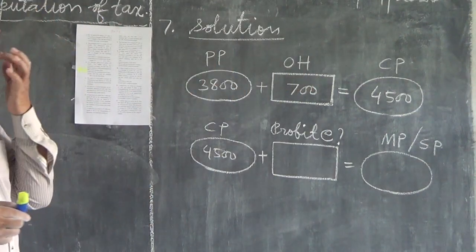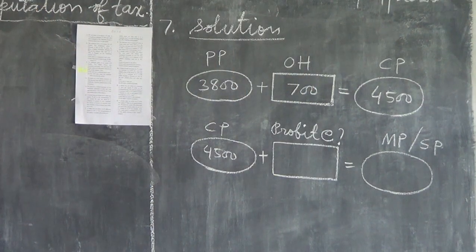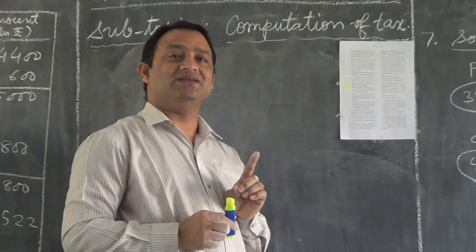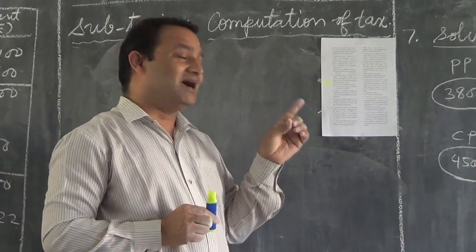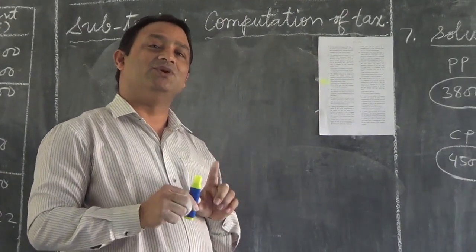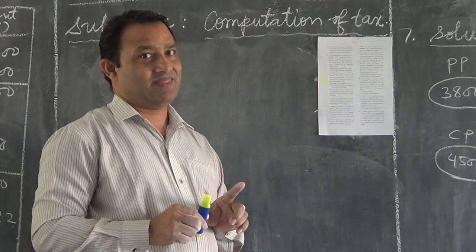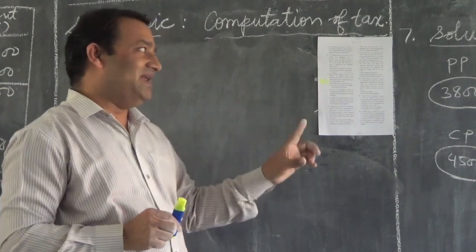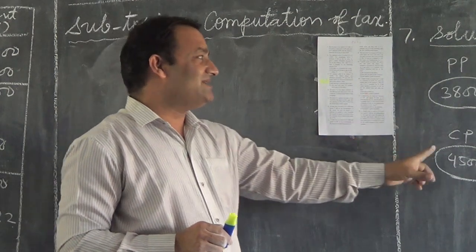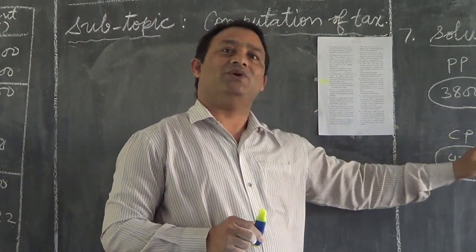Remember, children, if there is no discount, then mark price and selling price are the same. So if there is no discount, then CP plus profit equals SP.